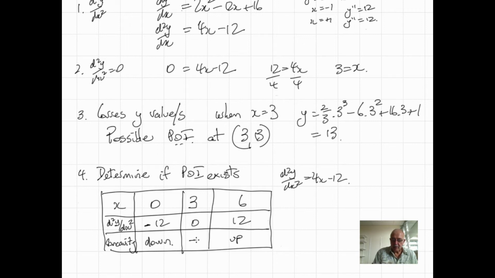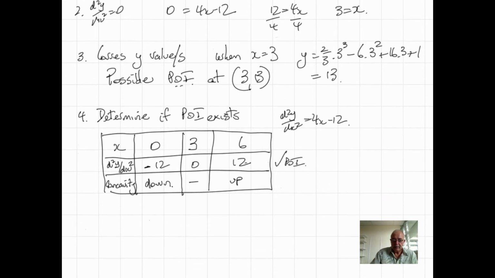And obviously we don't have any concavity at 3. So the sign of the second derivative has changed on either side of x equals 3, so that tells us, yes, we do have a POI. And this also helps us to confirm that we've gone from concave down to concave up.